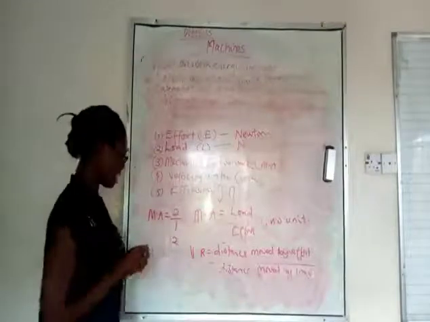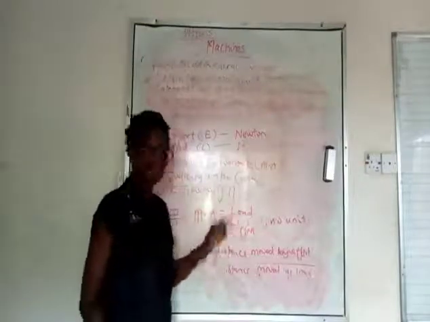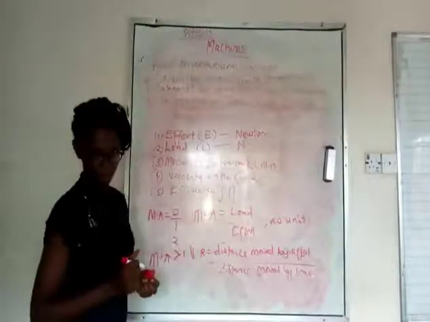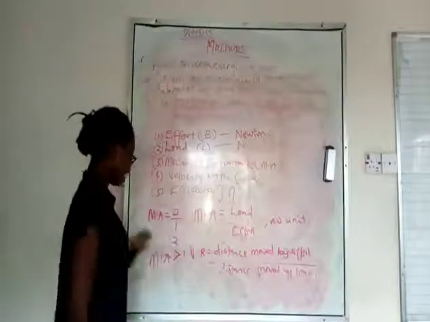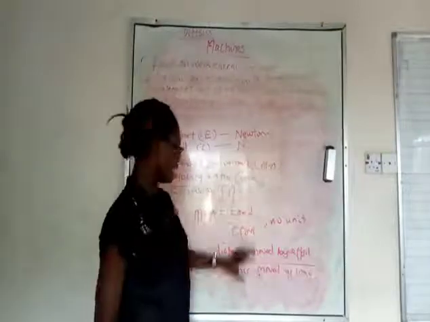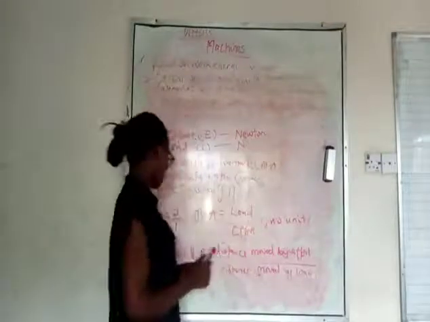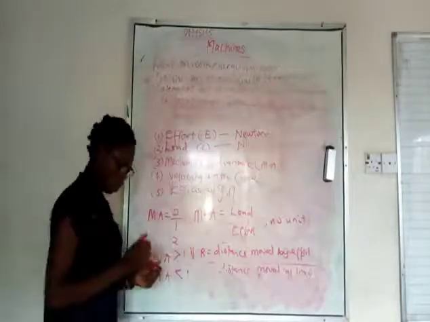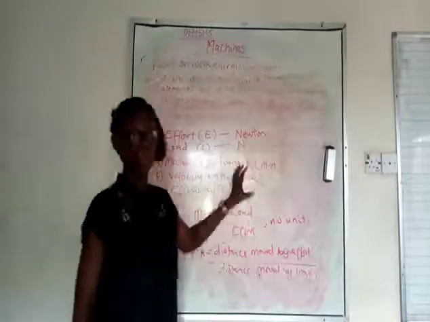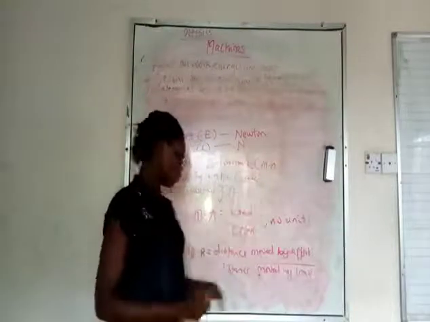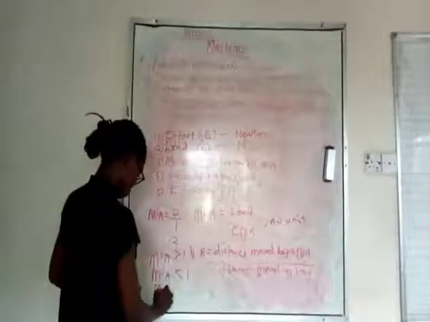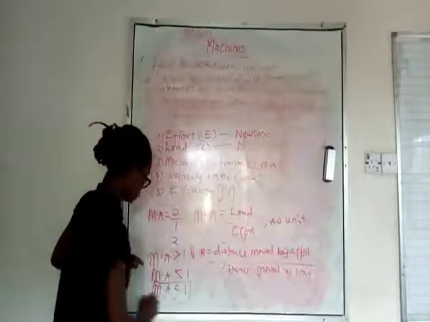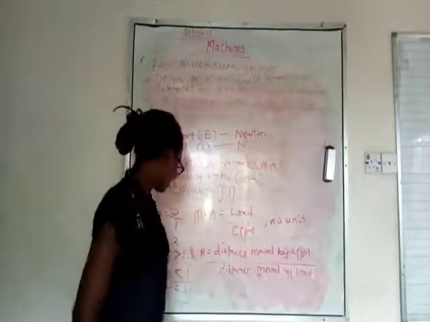Which means that if the effort is smaller than the load, the mechanical advantage is always greater than 1. And if the load is smaller than the effort that is applied to overcome it, the mechanical advantage will be less than 1. Whereas if the load is equal to the effort, the mechanical advantage is equal to 1. And this last option can only happen when there is no friction.